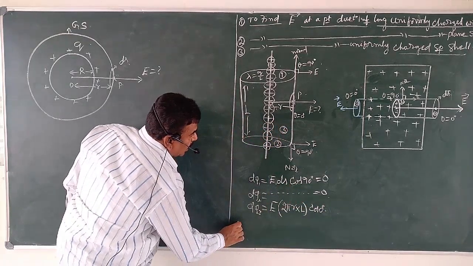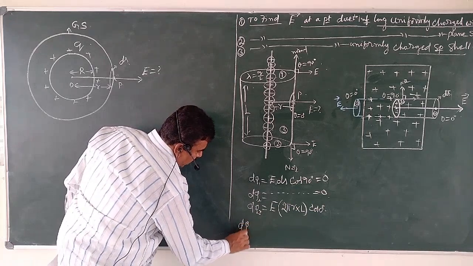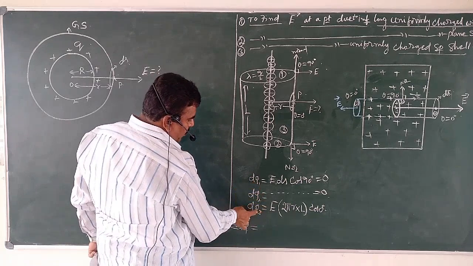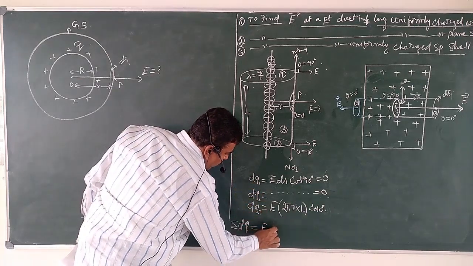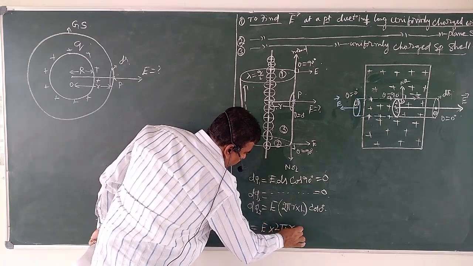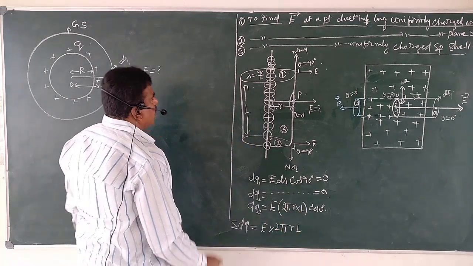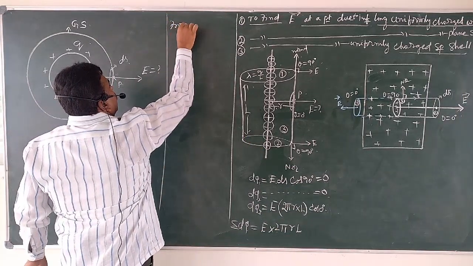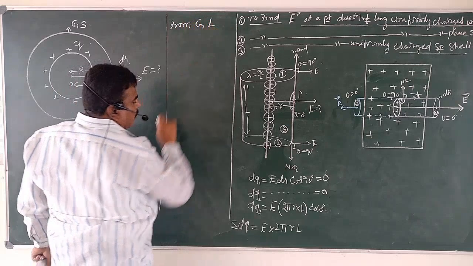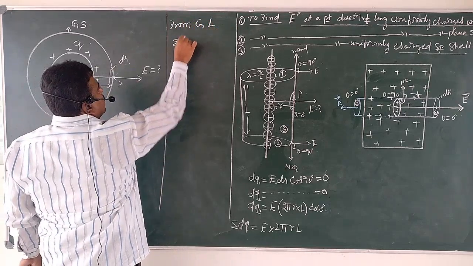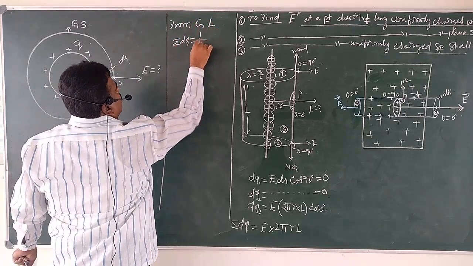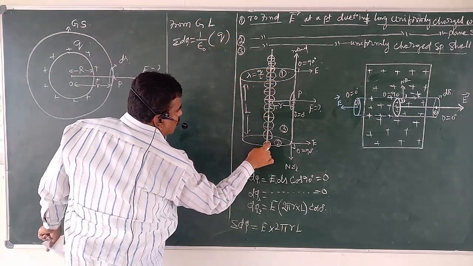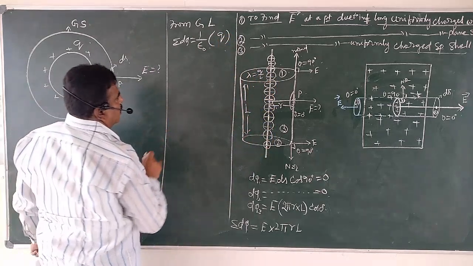The total electric flux is dφ1 plus dφ2 plus dφ3, which is E into 2 pi r L. From Gauss law, the total electric flux is 1 by epsilon naught times the charge enclosed by this Gaussian cylinder.